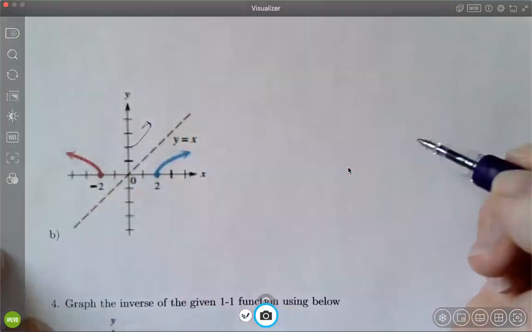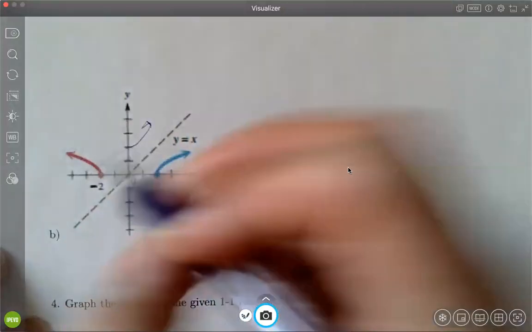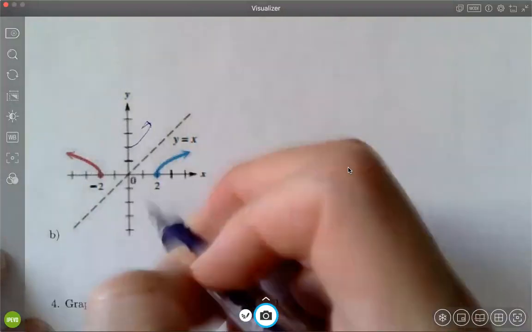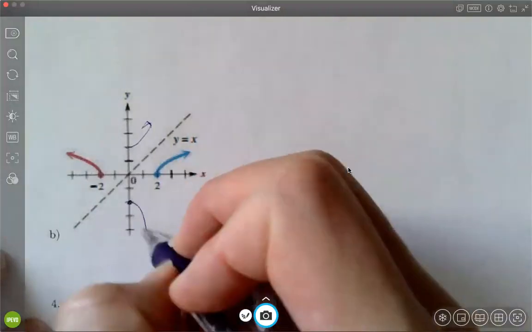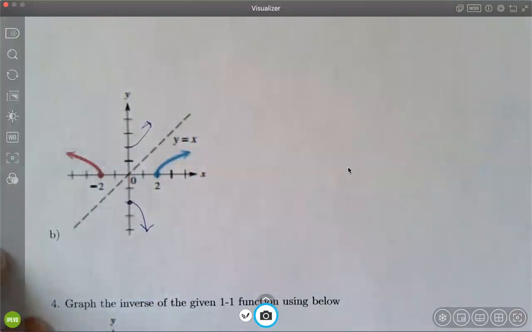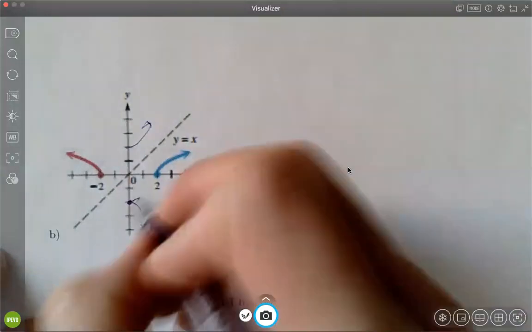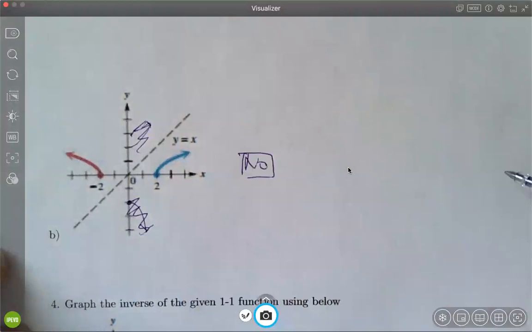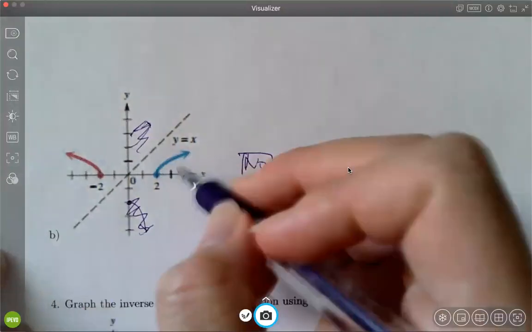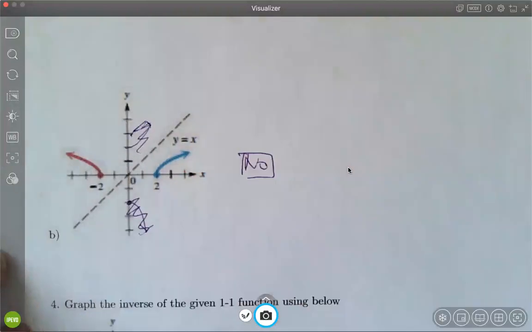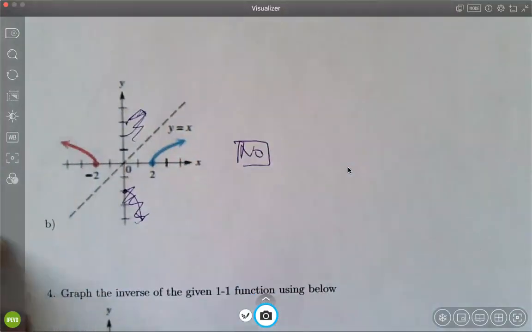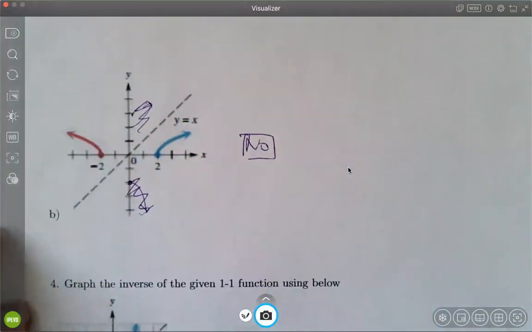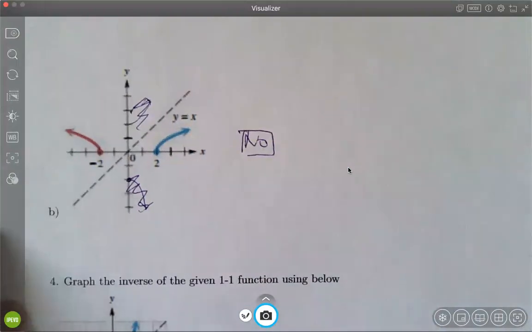That's what it's supposed to look like. And similarly, if you flip this graph over this, it should look something like this, right? Which it doesn't, okay? So what does that mean? They are not inverses, right? Because these two graphs are not symmetric over this y equals x, right?